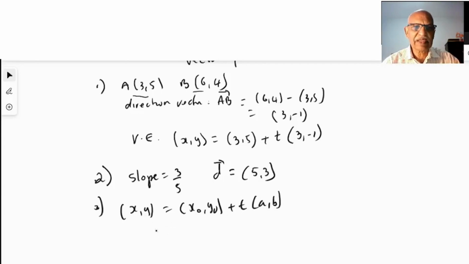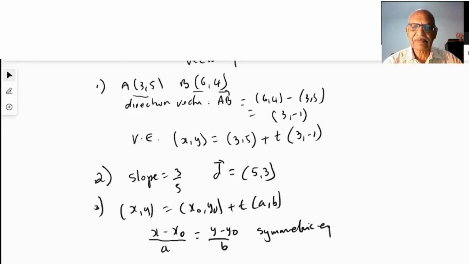Rearranging this, we isolate t: (x minus x0) over a is equal to (y minus y0) over b, where (a, b) is the direction vector. This is called the symmetric equation.